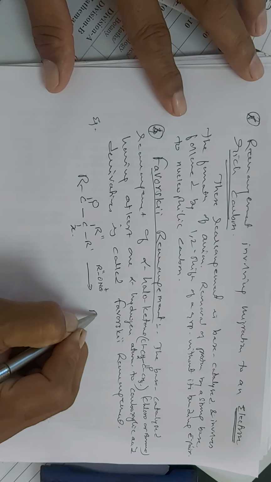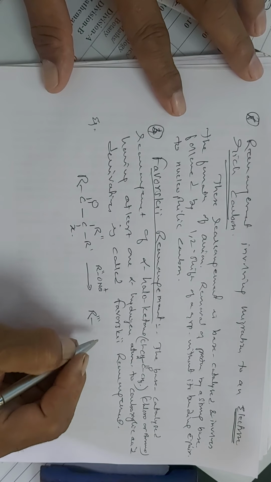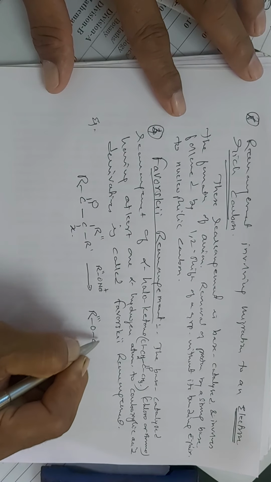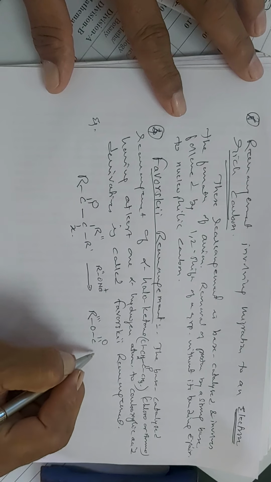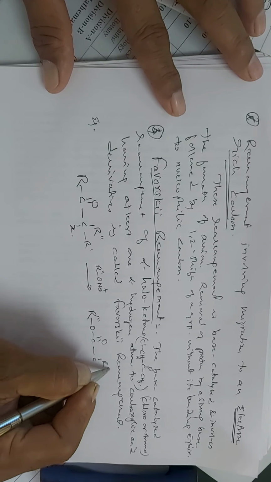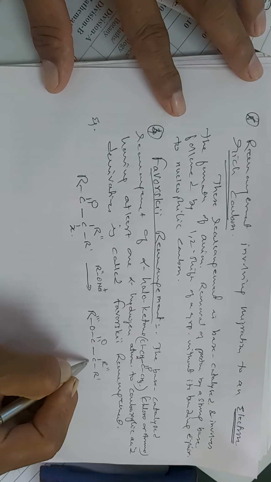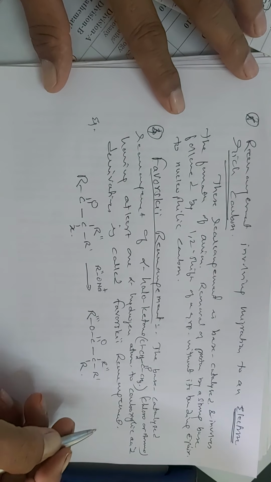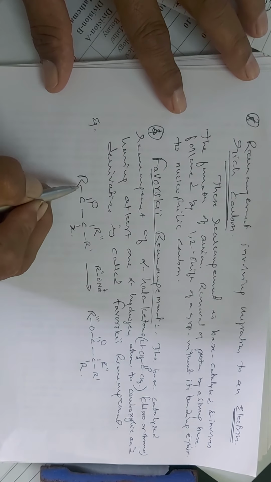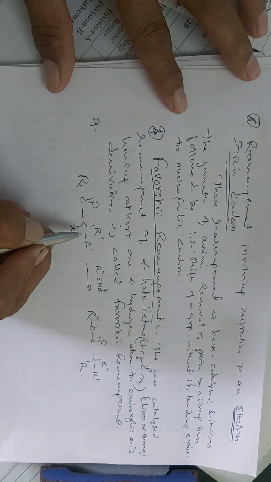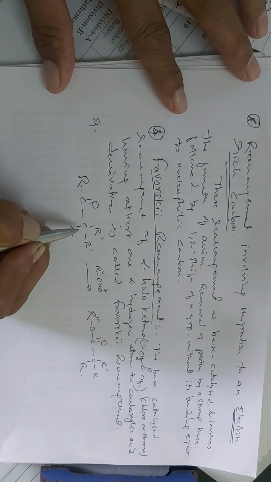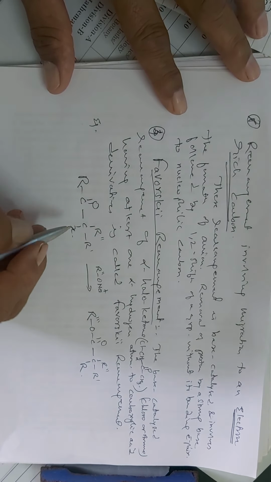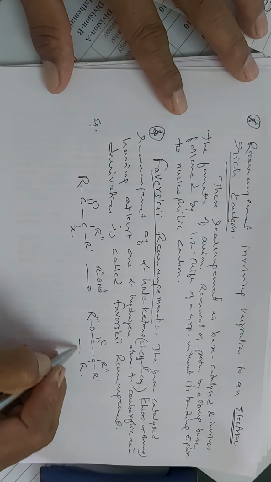Here you will get R3'O-C(=O)-C(R2')-R1'-R. This R group has been migrating from this carbon to the electron rich carbon. This will become an electron rich carbon, so here we will see this type of rearrangement.